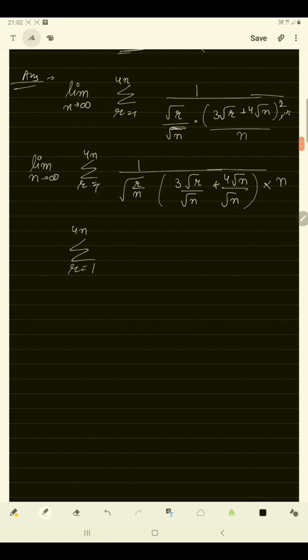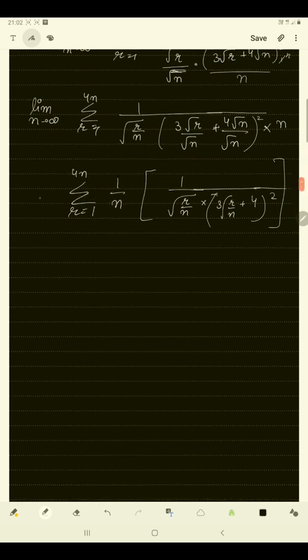That is, we can take this 1 by n, since it is in multiplication with all of the terms, and separate it out, and we have this expression in the denominator multiplied by, there was a square over here, and we have 3 under root r by n plus 4 whole square. So this is our form.